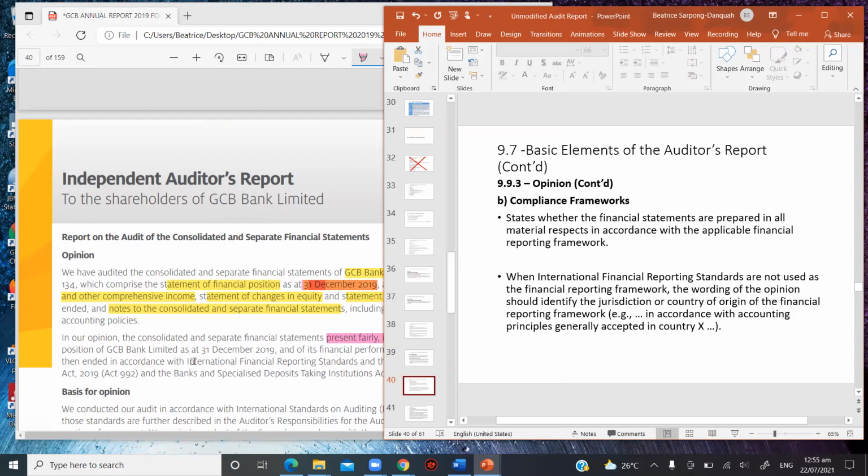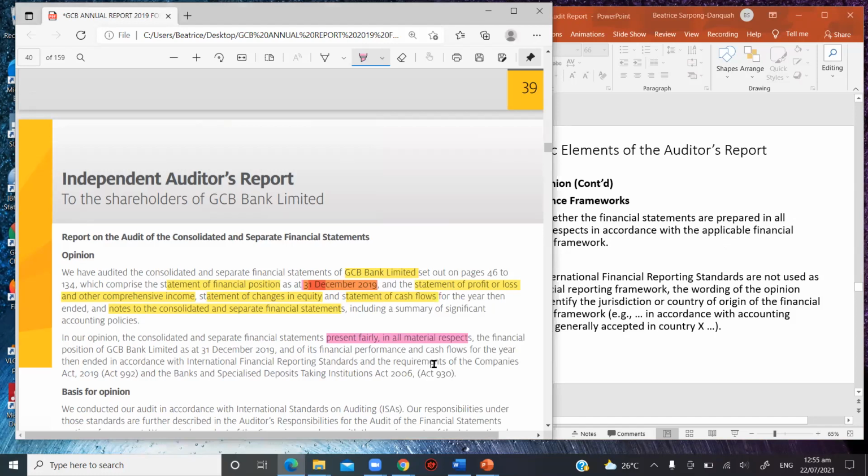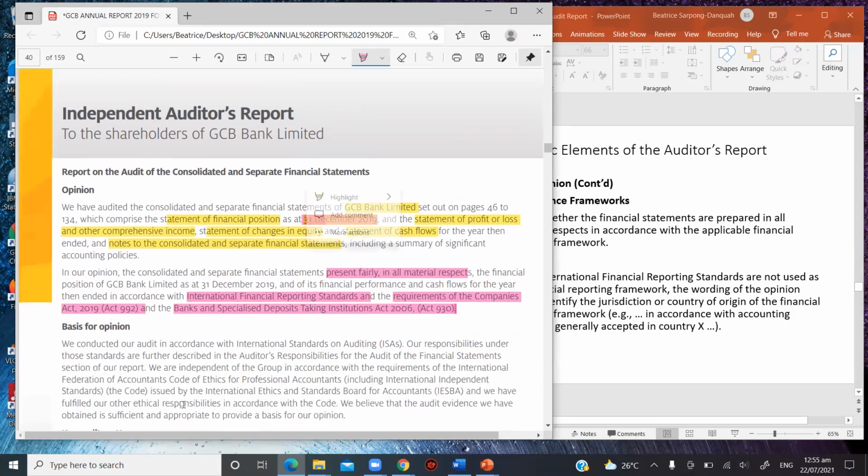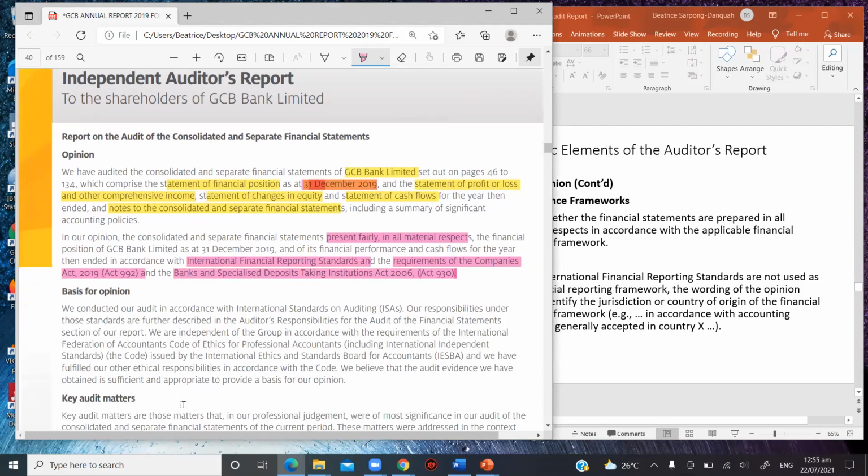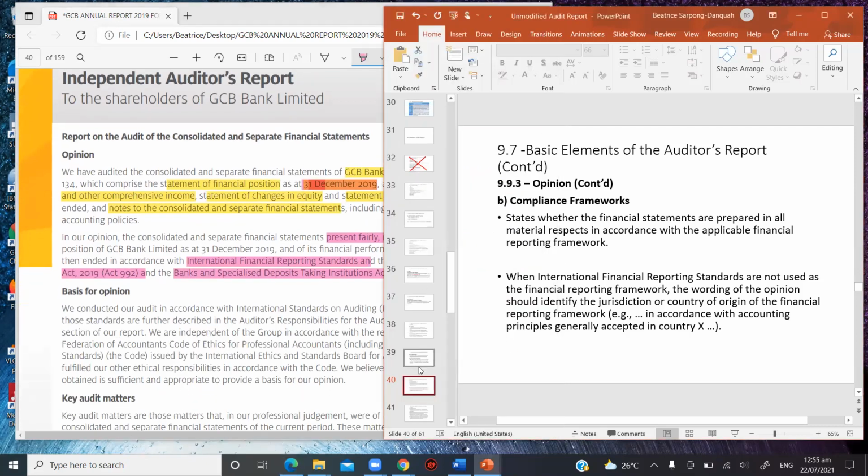So here, the financial statements of GCB Bank were prepared in accordance with what? International Financial Reporting Standards, and then the requirements of the Companies Act 992 of 2019, then the Banks and Specialized Deposit-Taking Act. So these are the compliance framework requirements. So you realize that in GCB Bank Limited, the opinion paragraph has done justice to what the statute states.